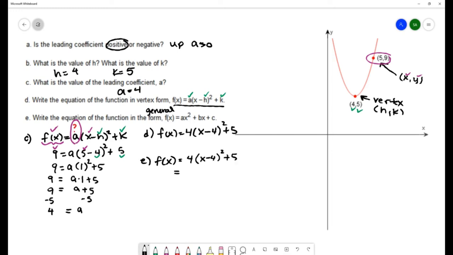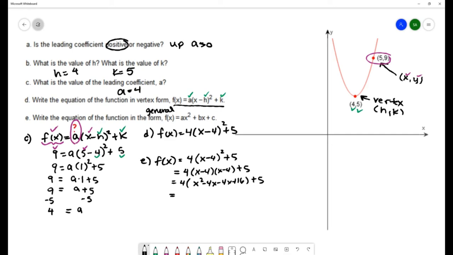So we're going to apply that exponent. That's (x - 4) times (x - 4). We're going to multiply out those binomials to get x^2 - 4x + 16. Carry down that plus 5.